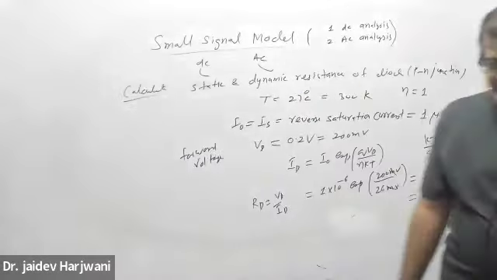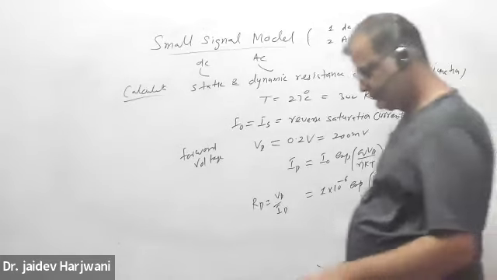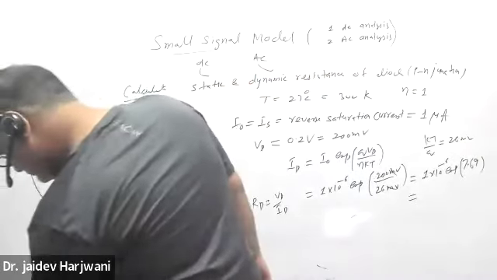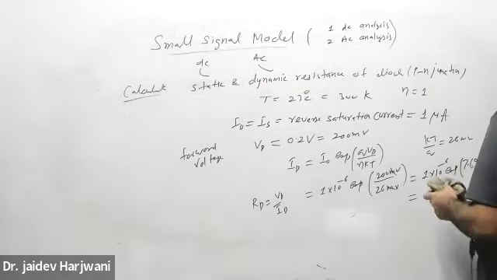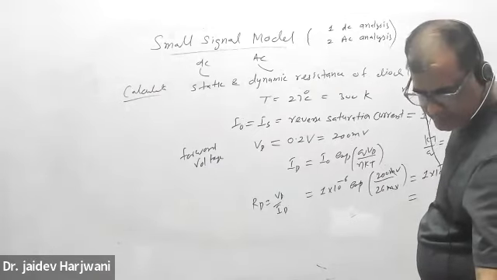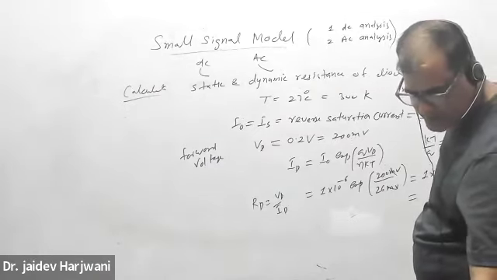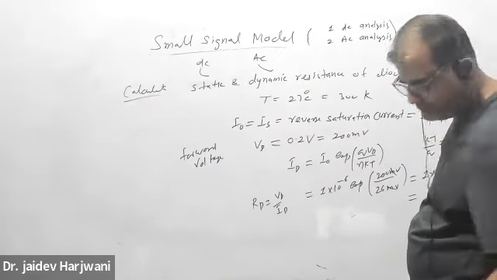What is the value? Exponential 7.69, how much is there? 186.2.